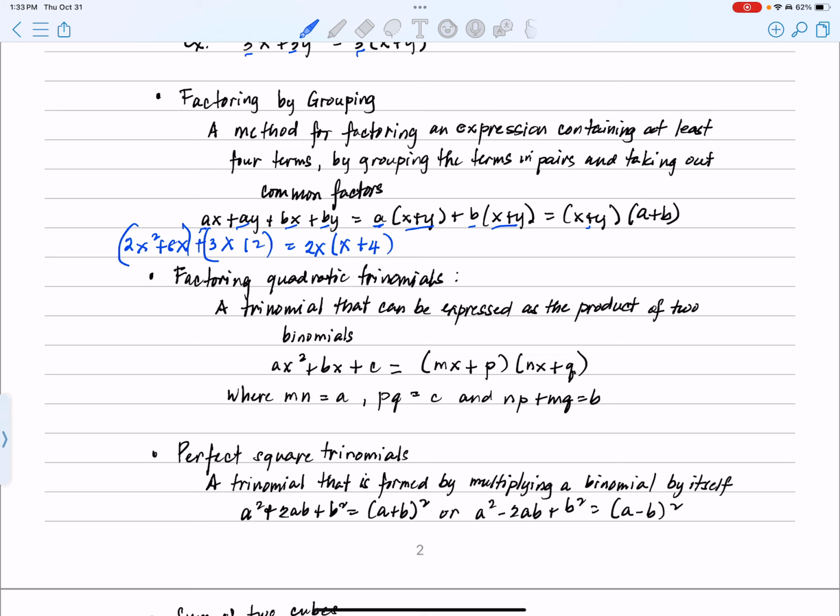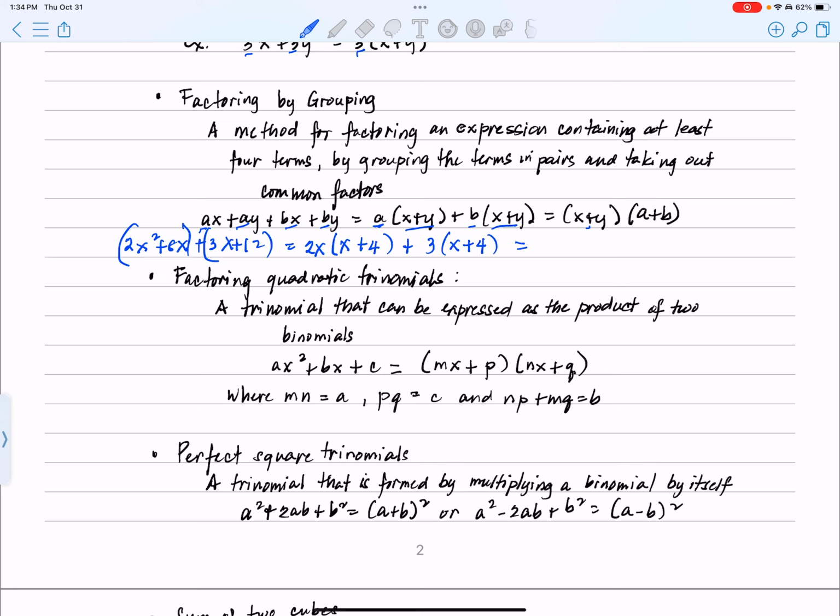Alright? Well, the other one, the common factor between 3x plus 12 is 3. You factor out 3, and then x, and 12 divided by 3 is 4.